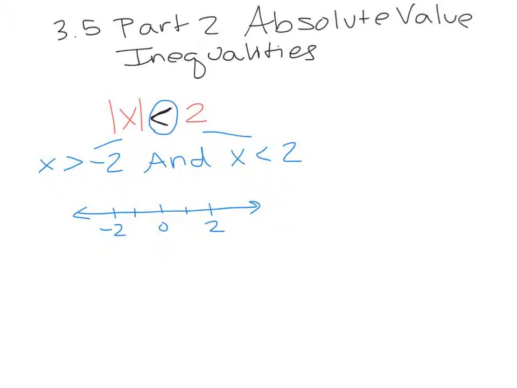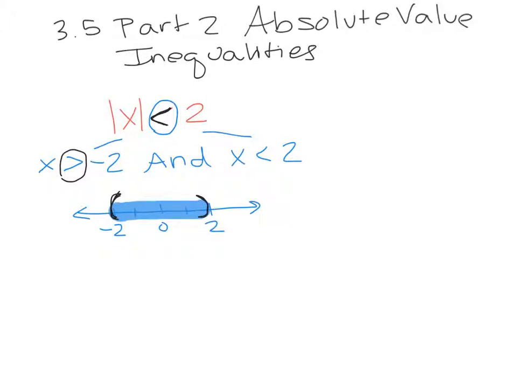So that would be everything that is between the two of them. So you would shade everything between negative 2 and positive 2. And then you have to decide whether you use a parenthesis or a bracket. Again, this is based on the symbols. If it is not an inequality with a line underneath, then you will use a parenthesis.